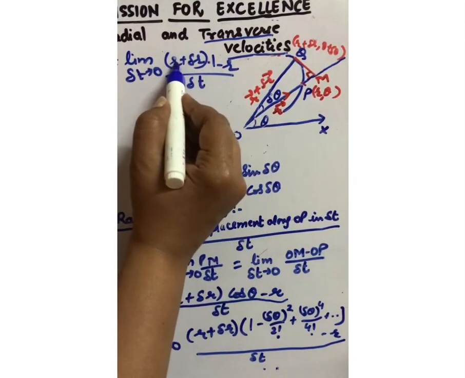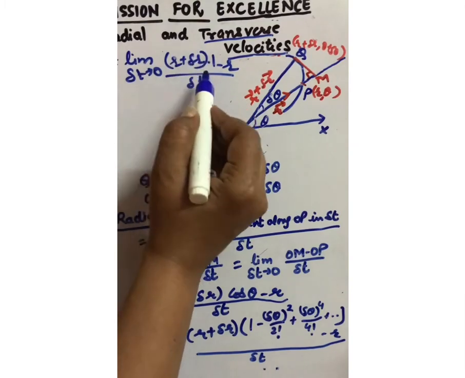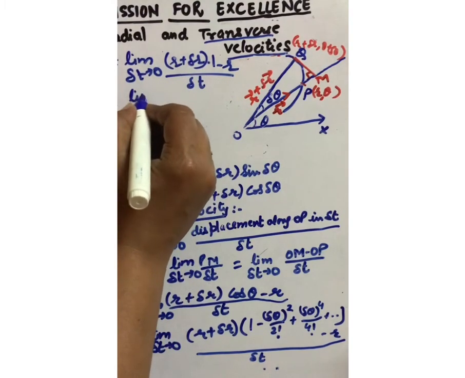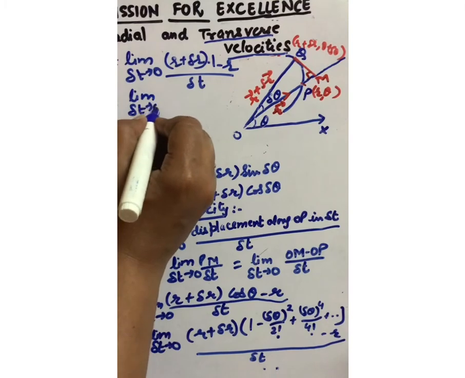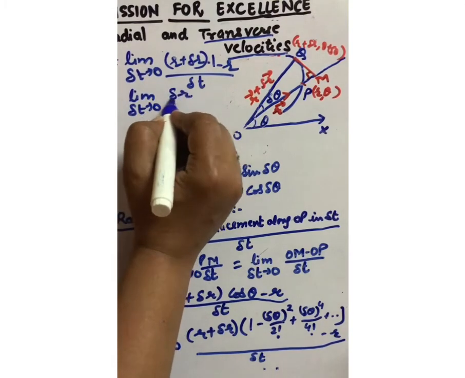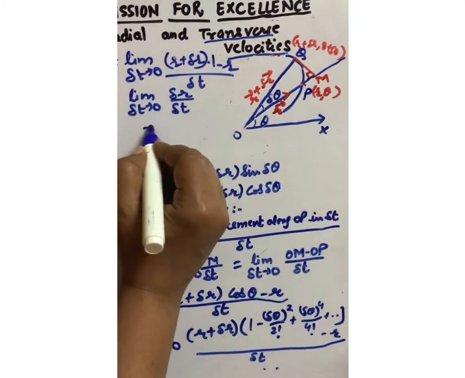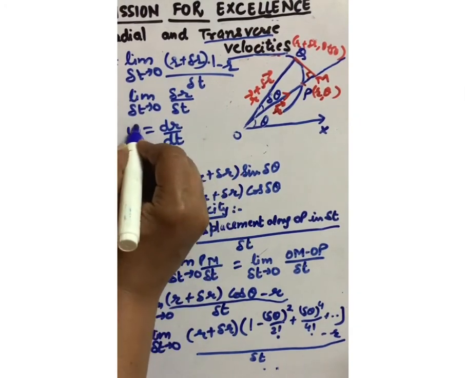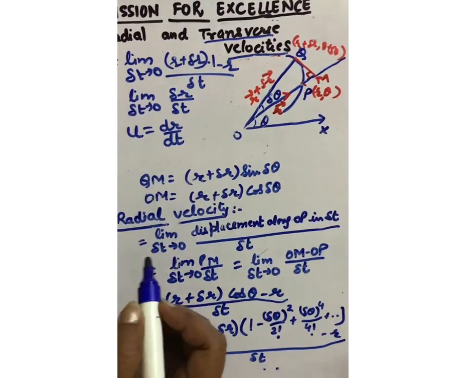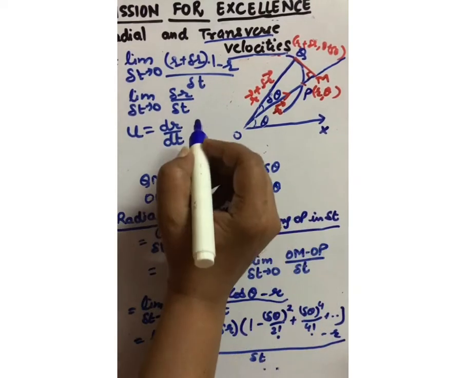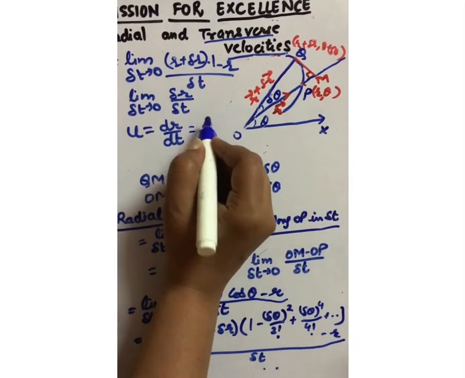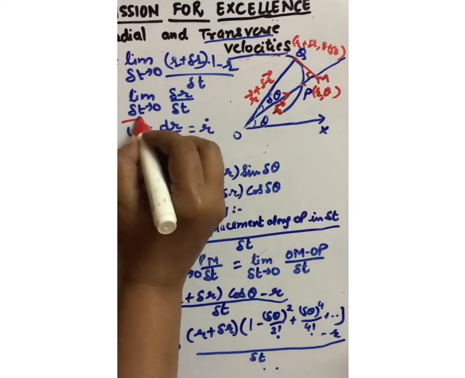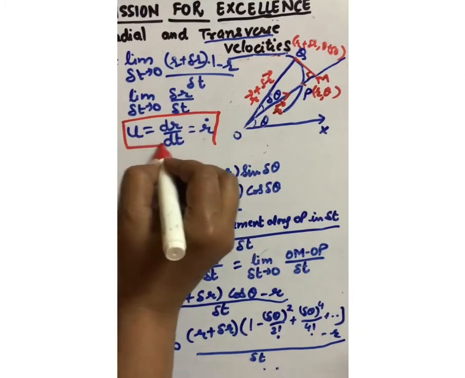So now this R is cancelled, we are left with delta R by delta t. Limit delta t tends to 0 delta R by delta t, and it will become dr by dt. Let us denote it by u. So this is the radial component of the velocity, or we can say it is r dot.